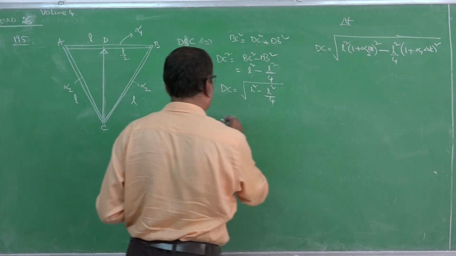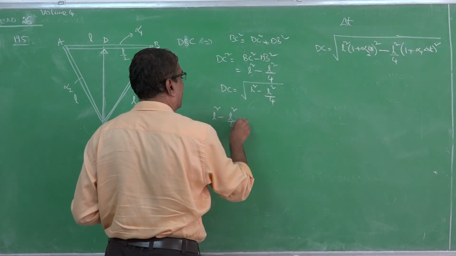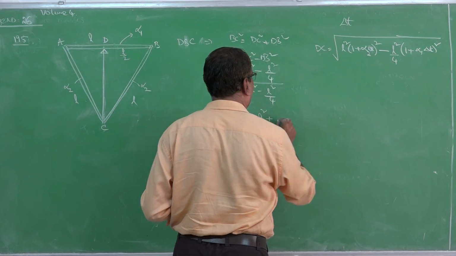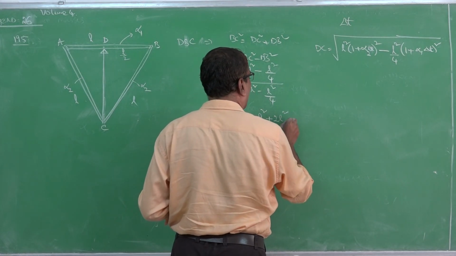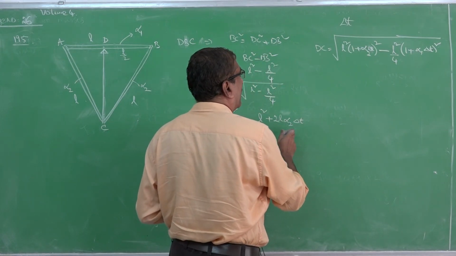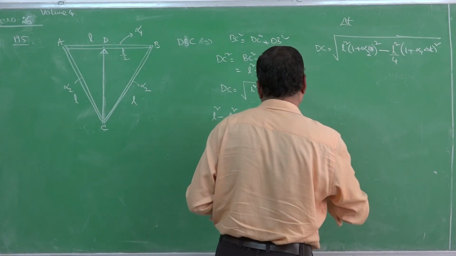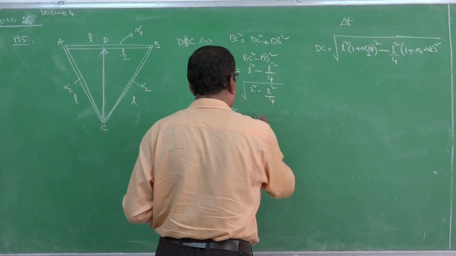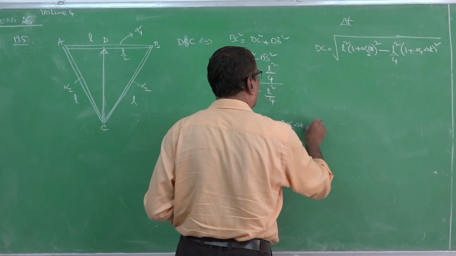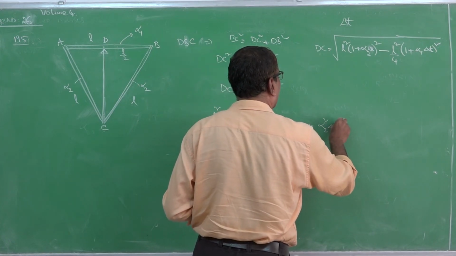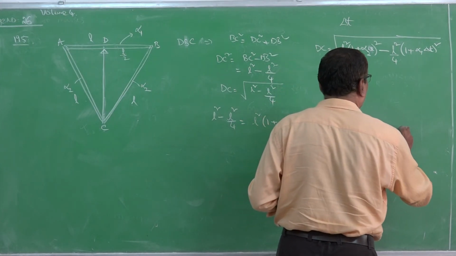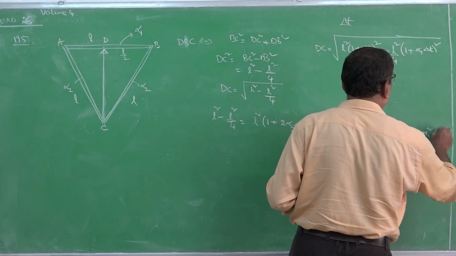Equating and squaring on both sides, we get L square minus L square by 4 is equal to L square into (1 plus 2 alpha 2 delta T plus alpha 2 square delta T square) minus L square by 4 into (1 plus 2 alpha 1 delta T plus alpha 1 square delta T square).